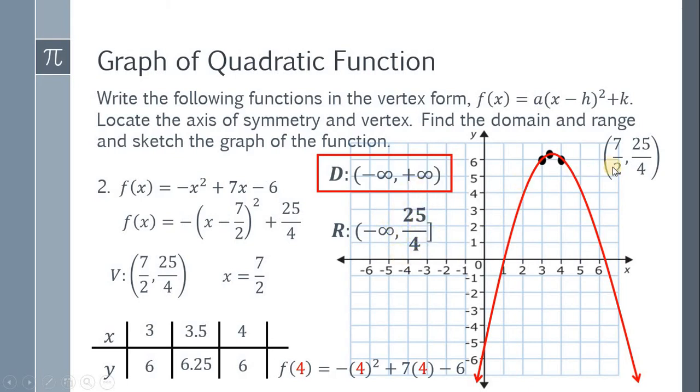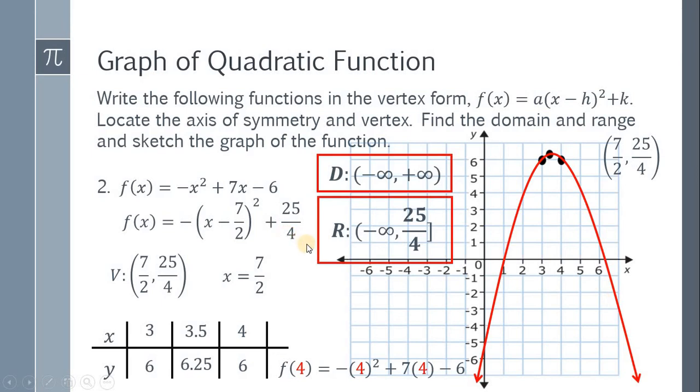Ito yung value nung k natin, o yung ating 4ac minus b squared over 4a. So, again, yung ating range, nakadepende sa value ng a. Kapag yung a is negative, papunta siyang negative infinity. Kapag yung a natin is positive, papunta naman siyang positive infinity. So, yung range naman natin, mula kay value ng k hanggang positive infinity.